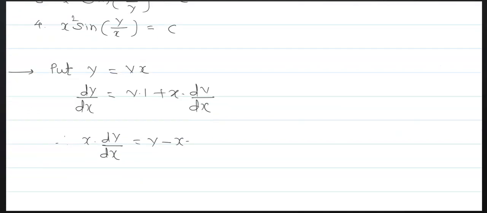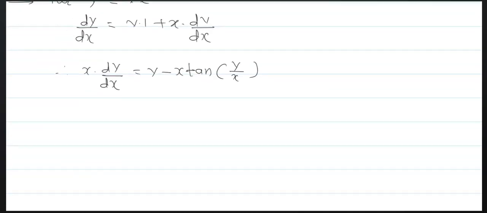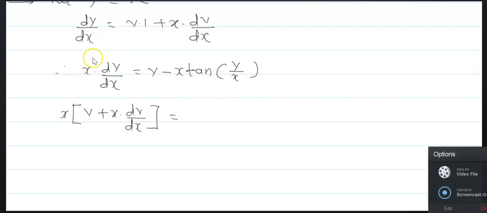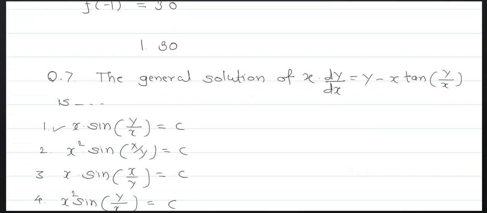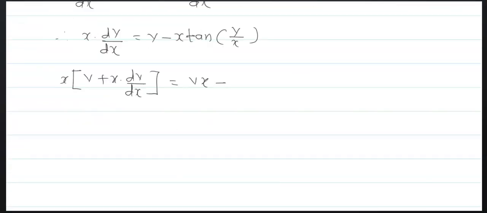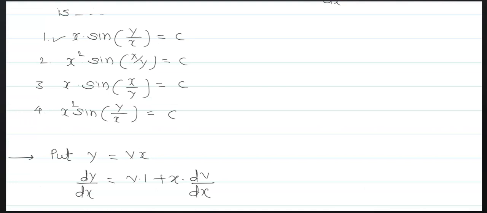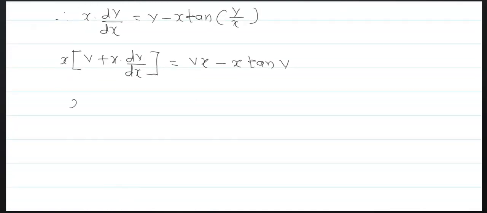Therefore, x dy by dx, substituting the value, dy by dx equals v plus x dv by dx. y is vx minus x tan of v.